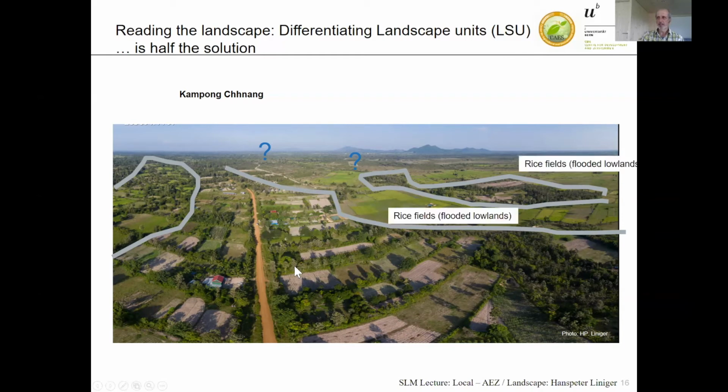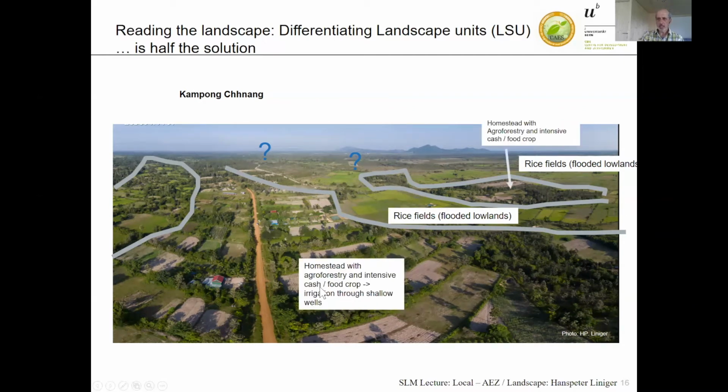So you separate again the situation here into rice fields, flooded lowlands, and homestead with agroforestry, again, trees are planted here, cash crops, intensive irrigation, even through shallow wells, you have access to water. So these two situations are completely different.